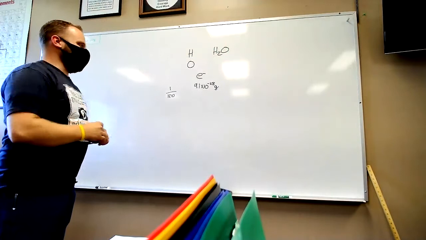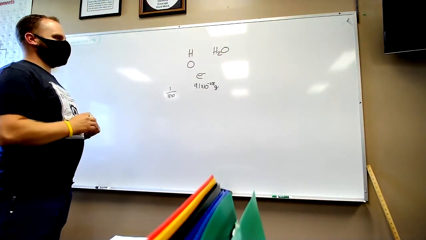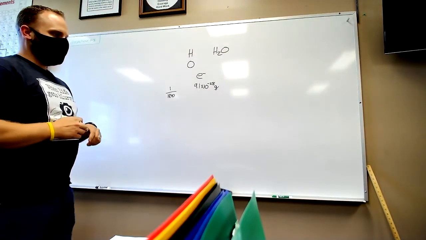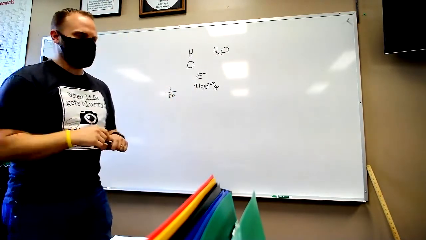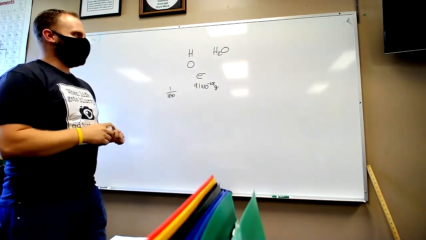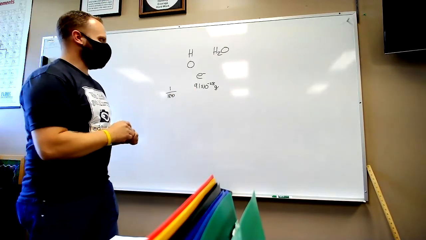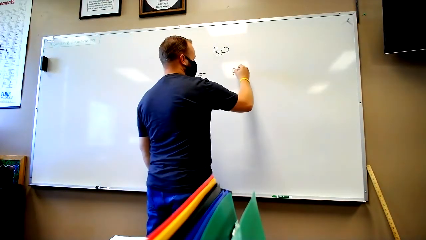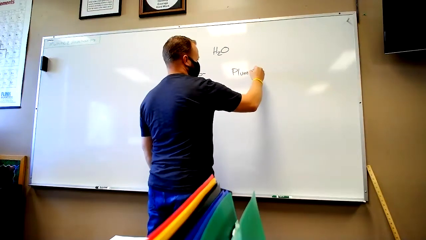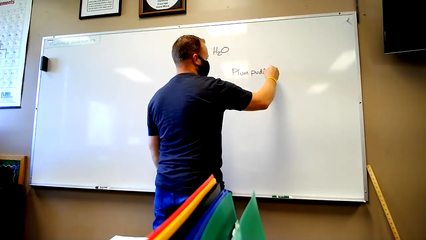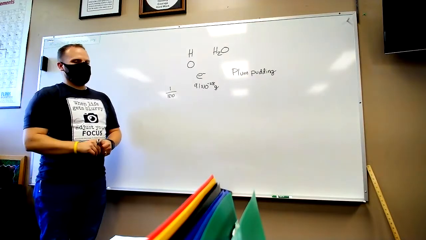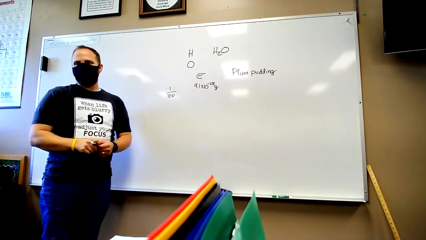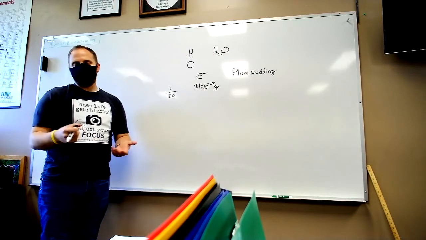So what this does is, chemists who are trying to determine what the atom looks like come up with what we call the plum pudding model. Because it looks like a bowl of pudding with plums in it, essentially.